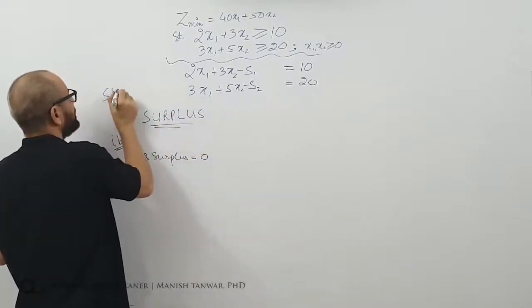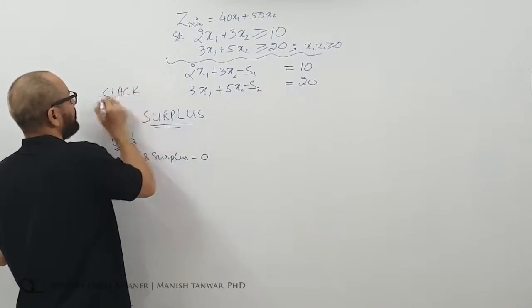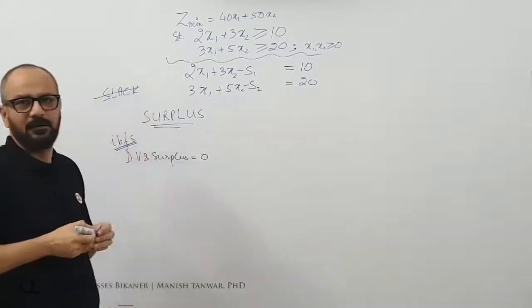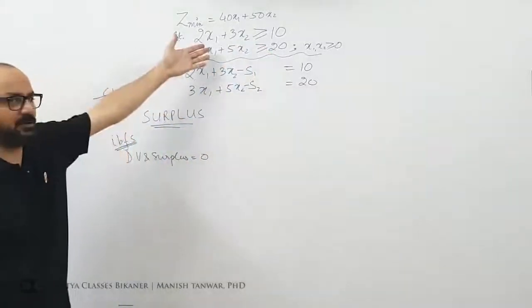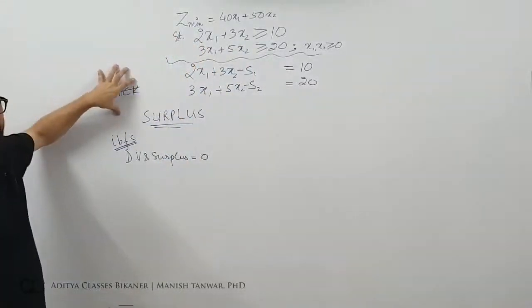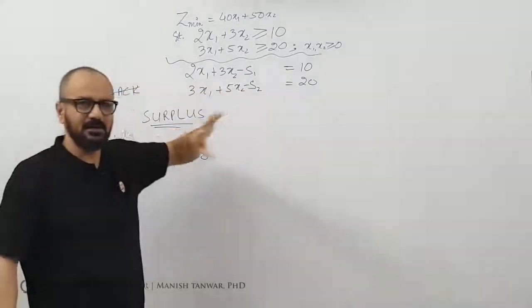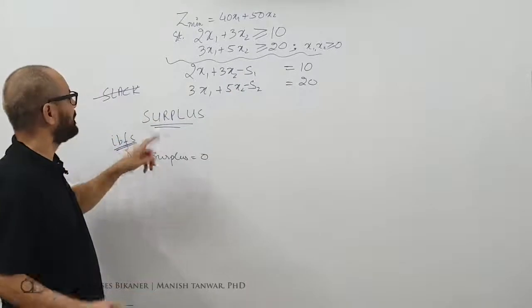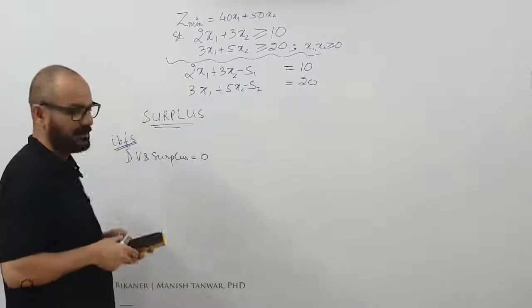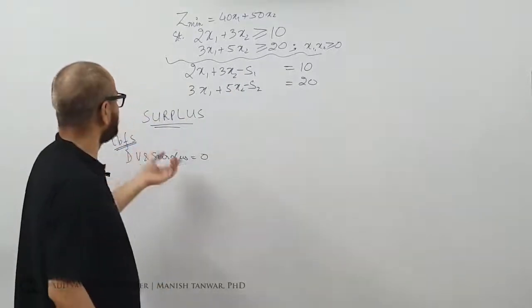Earlier they used to be slack. In maximization with less than problems, for less than inequality we make use of slack. This time also it looks the same, S1, S2, but it is not a slack, rather it is a surplus.